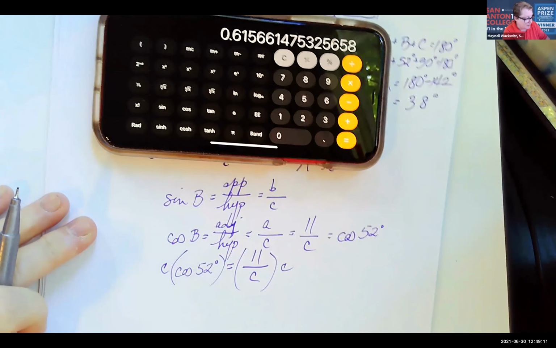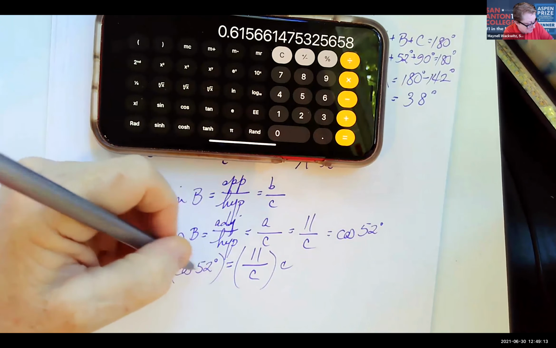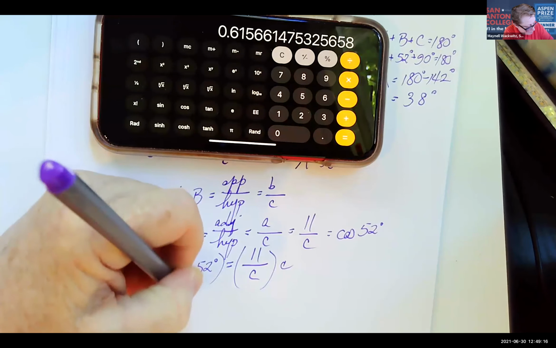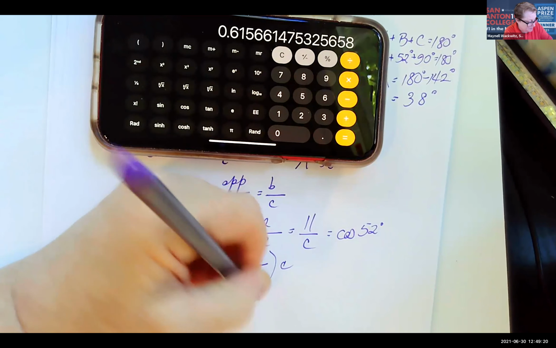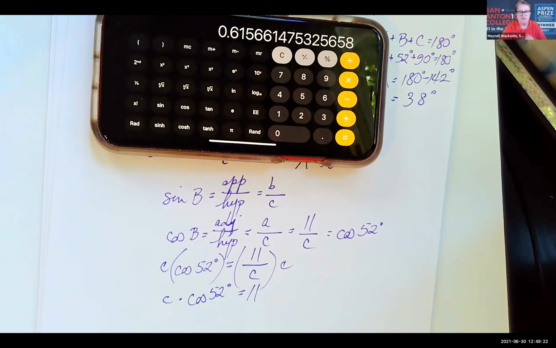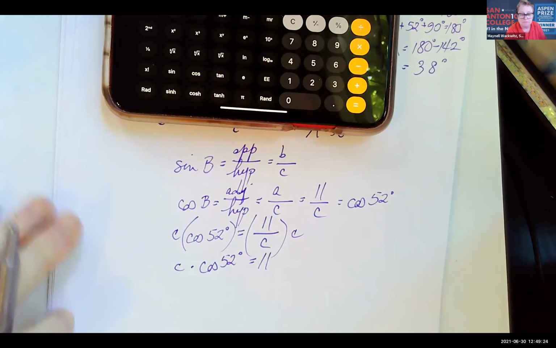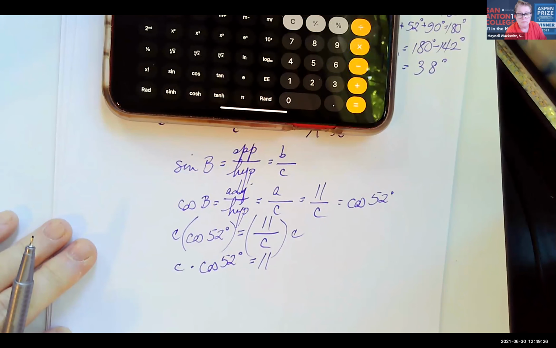So that now on the left, we have c times the cosine of 52, and on the right side, we have 11. How can we solve this equation for c? Divide by cosine 52. Good.